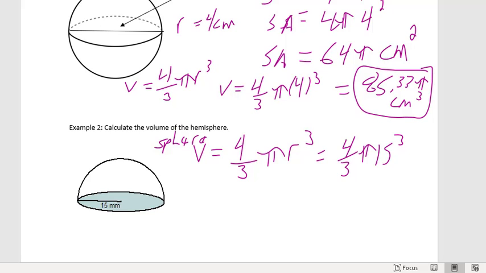So multiply that by 4 and divide by 3. We end up with 4,500 pi millimeters cubed. All right, that's the volume for a whole sphere.